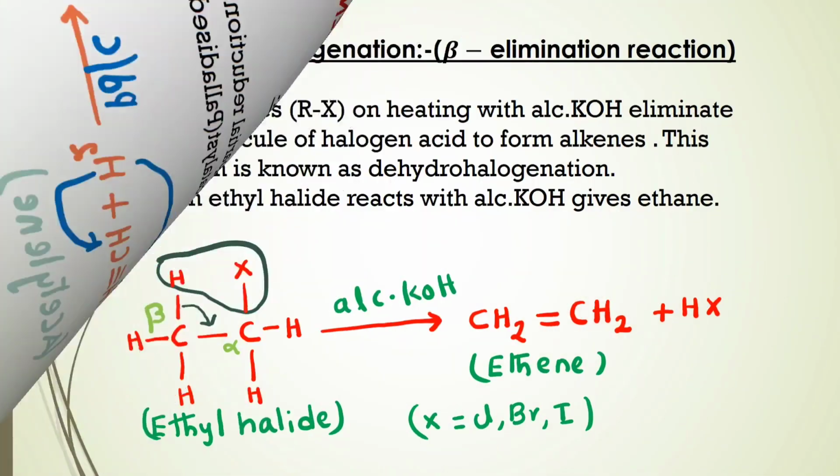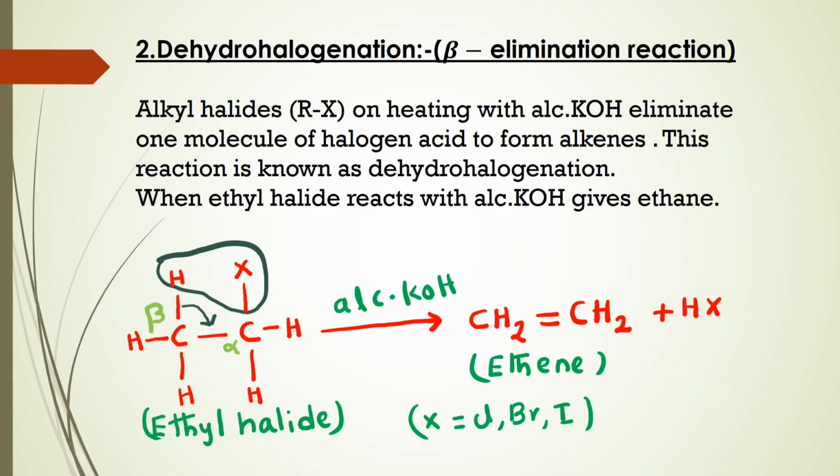Next, dehydrohalogenation. Alkyl halides on heating with alcoholic potassium hydroxide eliminate one molecule of halogen acid to form alkenes.